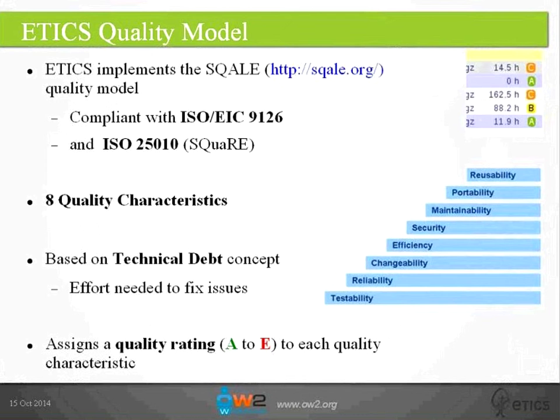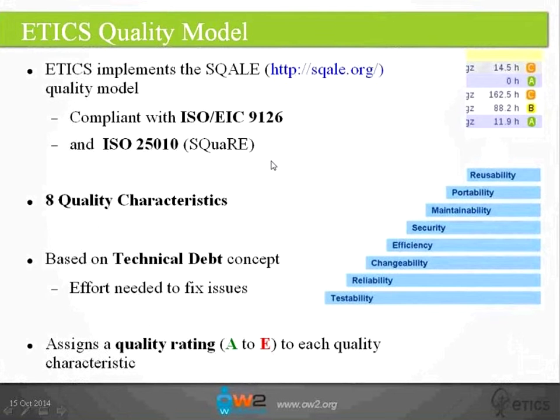Concerning the quality model that we adopted in ETICS to evaluate the quality of software, it is based on SQALE. SQALE is a formal method to evaluate the quality of software starting from the source code of the software. It is compliant with these two standards, the ISO 9126 and the new ISO 25010, which is going to replace the old standard.